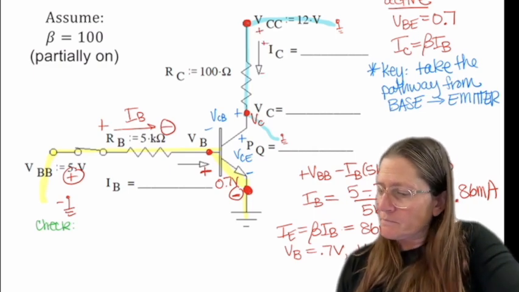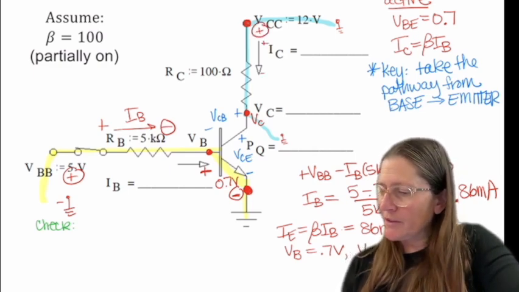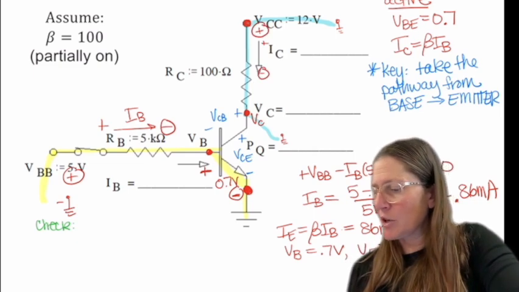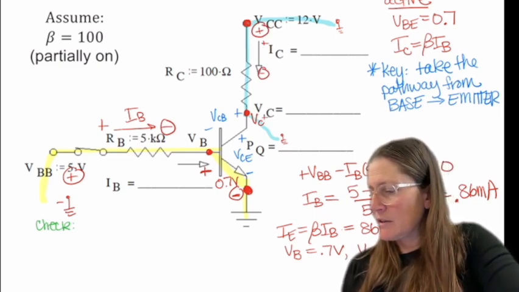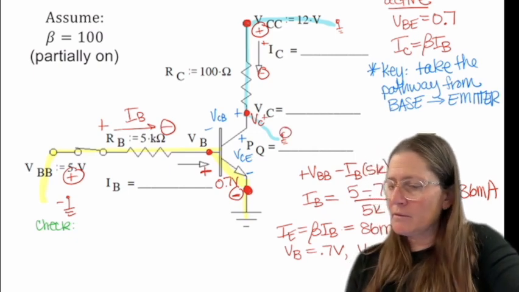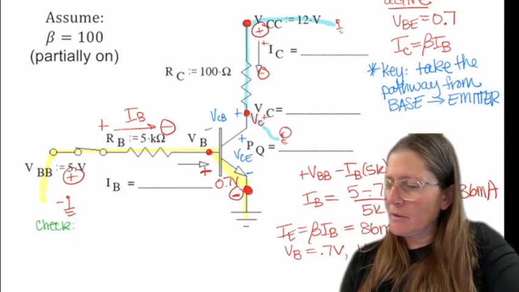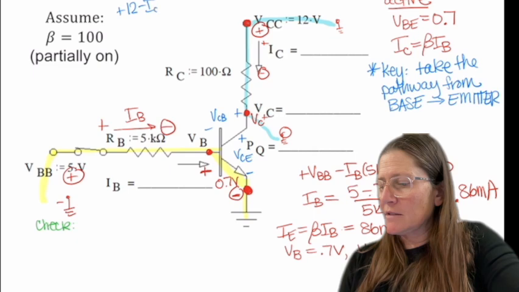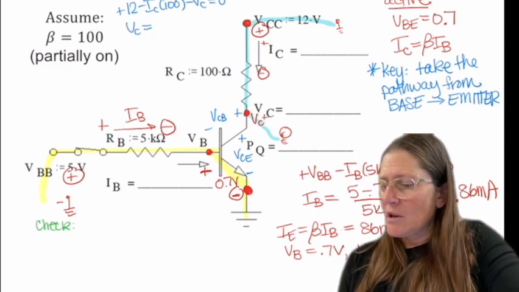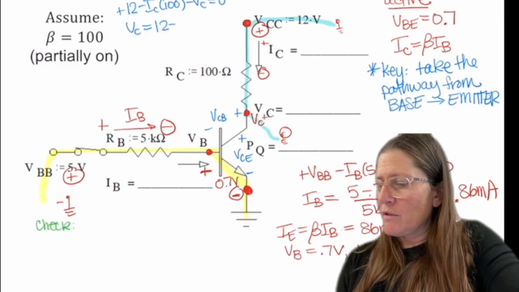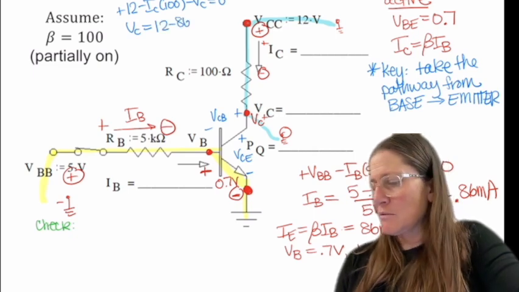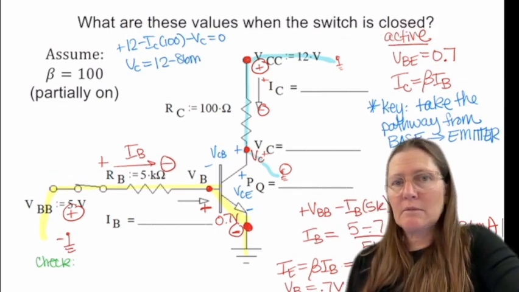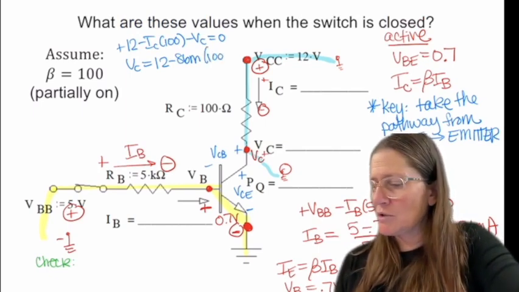So this would be plus VCC minus IC times RC, and then a minus VC. So I'll do these as this plus VCC is 12 minus IC times 100 minus VC equals 0. And so 12 minus 86 milli times 100.